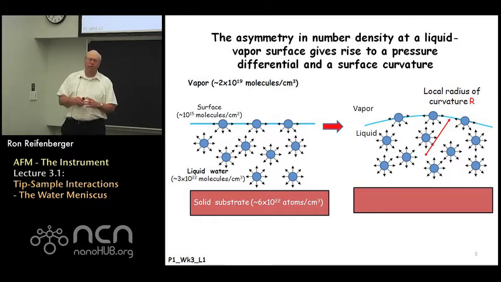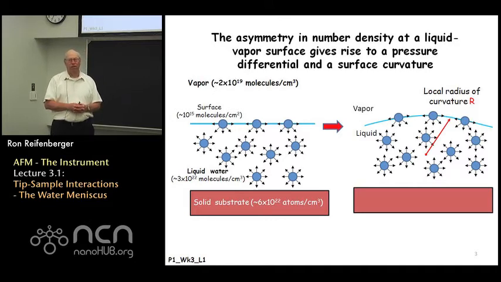But before we begin that, let's focus a little bit on the water meniscus that forms between the tip and the substrate. This is an important effect, especially if you're doing experiments under ambient conditions. And basically, we have to start with a pretty high-level discussion of the water vapor or a liquid vapor interface. I tried to schematically indicate that interface in this slide.